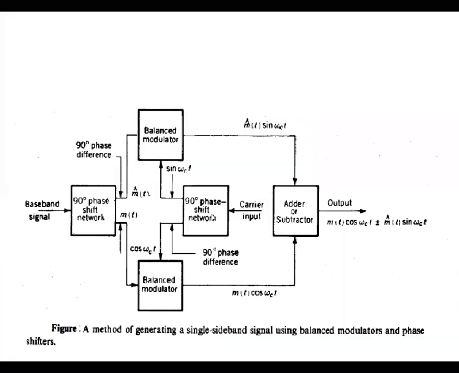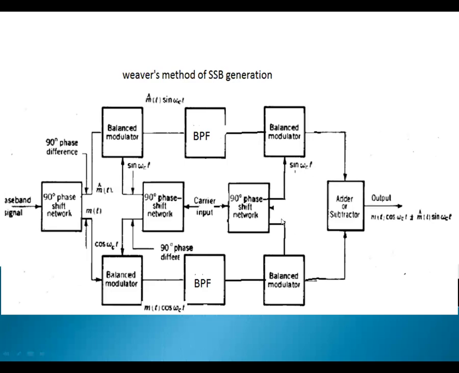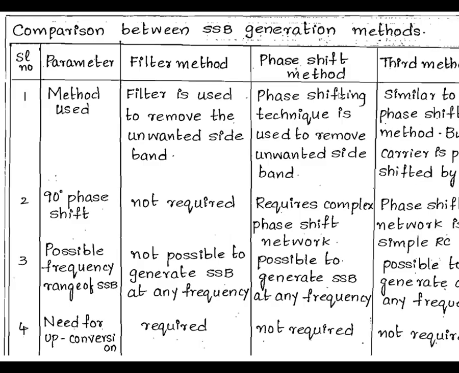In the block diagram, first there is the carrier for the balanced modulators in the phase shift method. In Weber's method, this is the first carrier and a second carrier is also used. That means, compared with the previous one, it is similar to the phase shift method, but an extra carrier signal with 90 degrees phase shift is applied to the second pair of balanced modulators to generate the SSB signal.